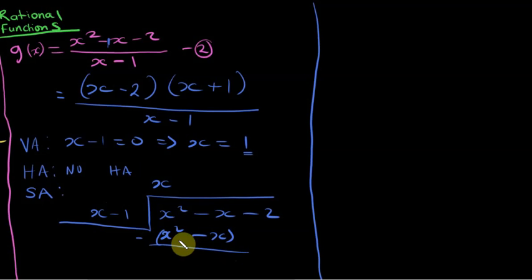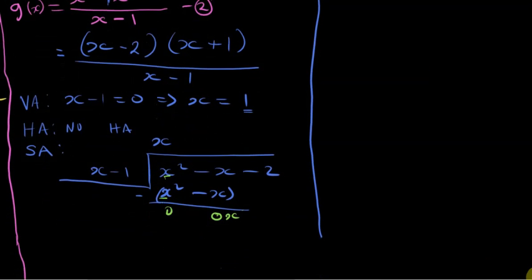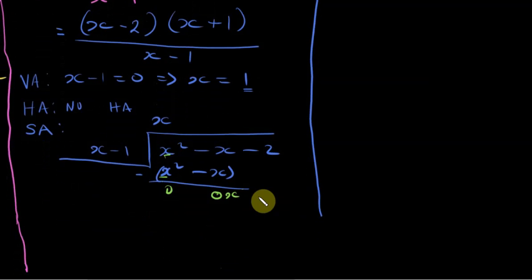X squared minus x squared is 0, minus x minus minus x, that is minus x plus x, that is 0x. Interesting.